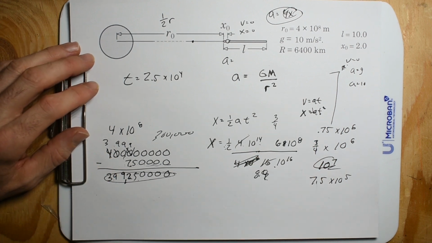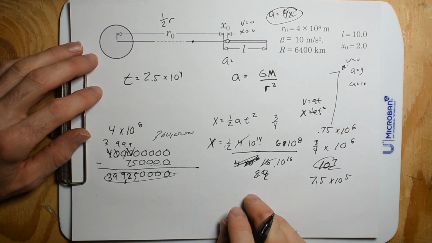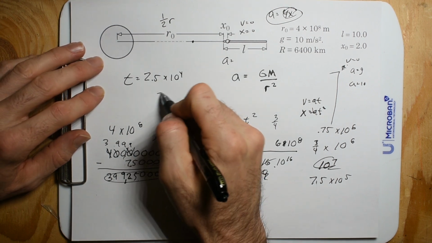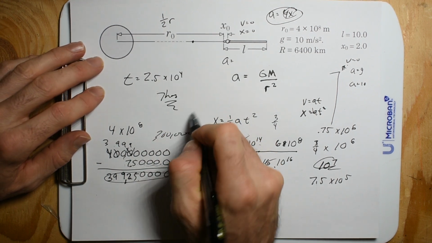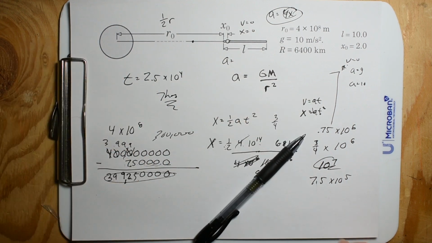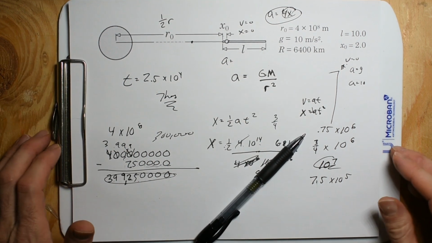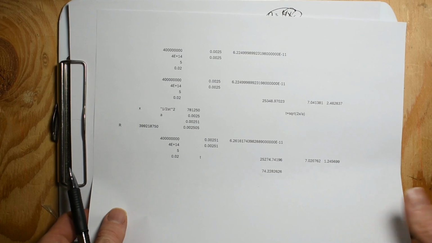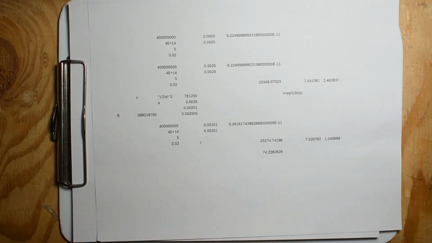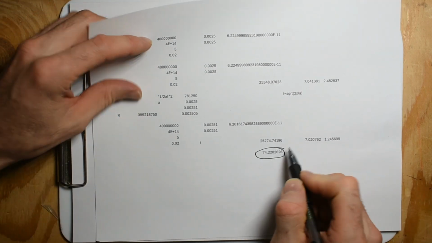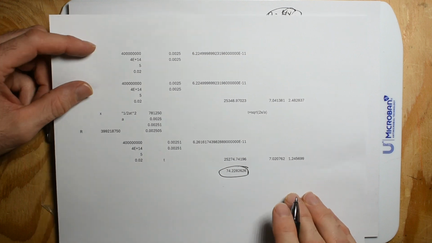I did it in Excel, and this time is 7 hours. Let me print off that Excel, because that would be a neat way to end this video. Alright, hell yeah. So the difference was 74 seconds, and I thought that was kind of interesting.